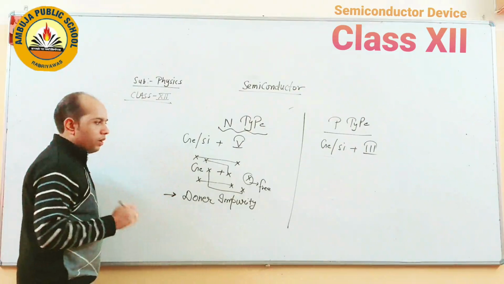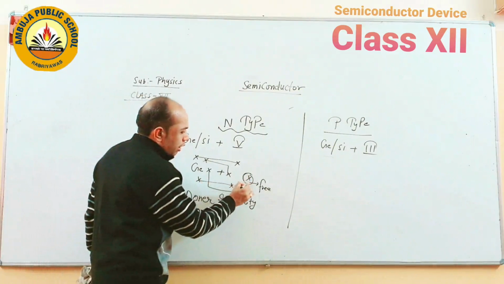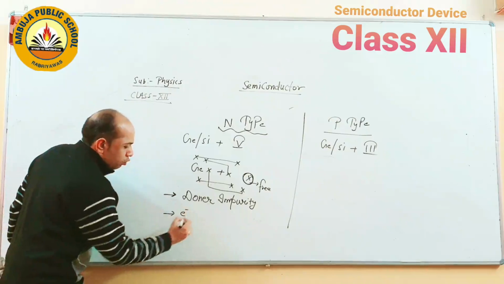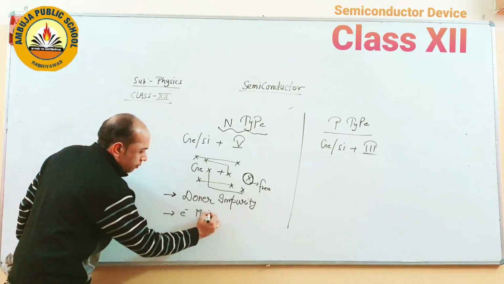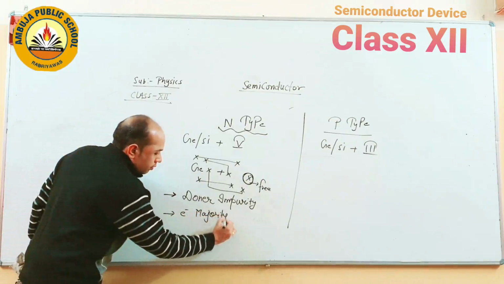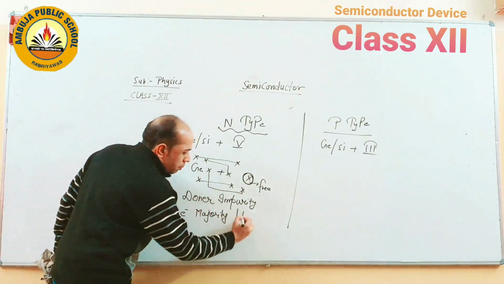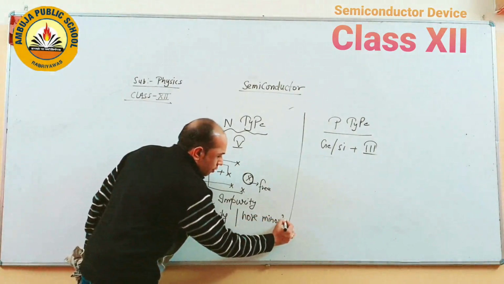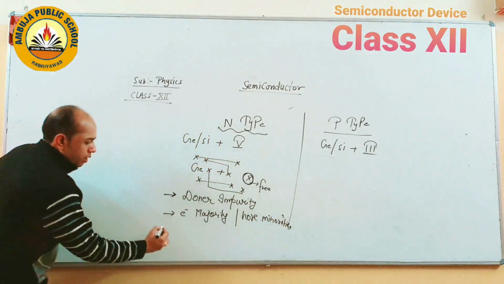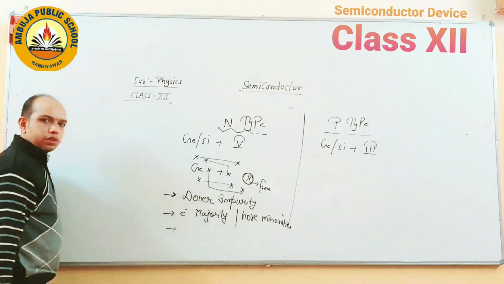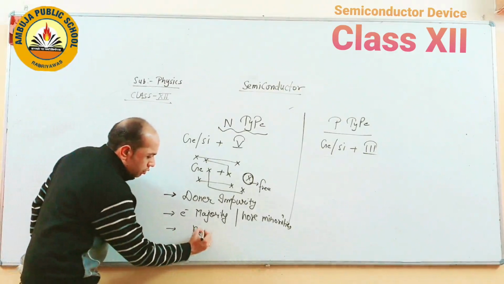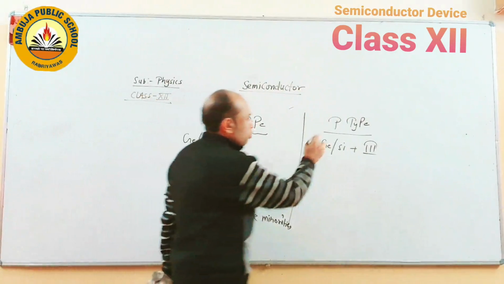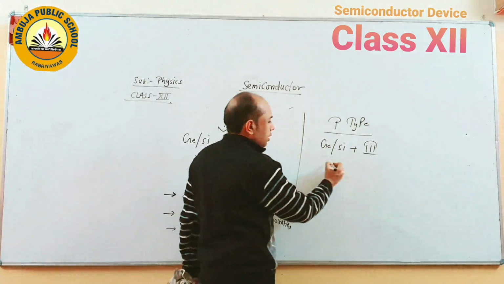If we talk about the number of electrons and holes, here electrons are more, so electrons are said to be the majority carriers and holes are said to be the minority carriers. When we compare the density of electrons and holes, the number of electrons is more compared to the number of holes.